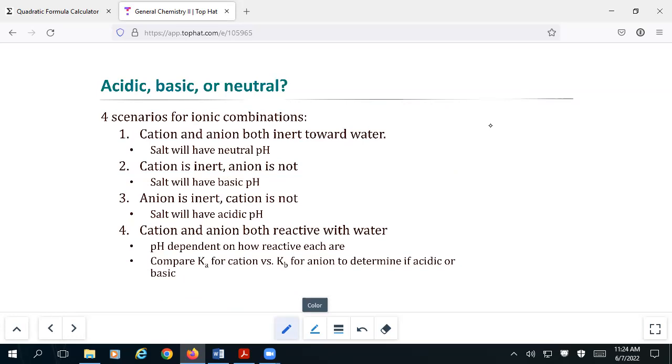So when we are presented with a salt and we're trying to figure out qualitatively if it is acidic or basic or neutral, this is what we have to do. There are 4 possible scenarios. The first is that I look at the cation, I look at the anion, and they're both inert. Well, what does that mean? It means that the salt's inert as well. We would anticipate its pH to be really close to 7.